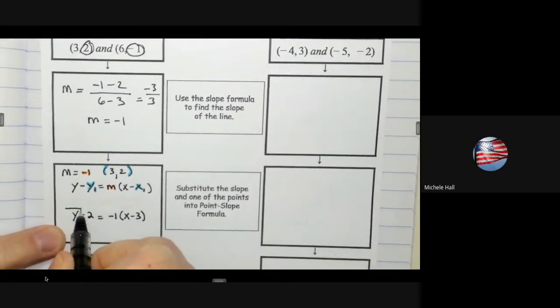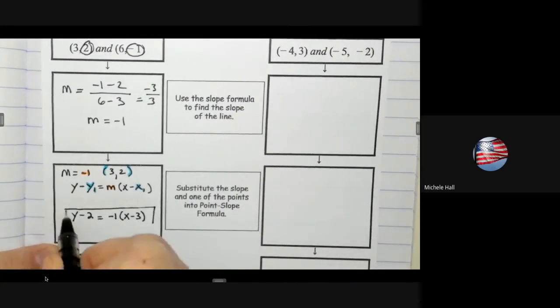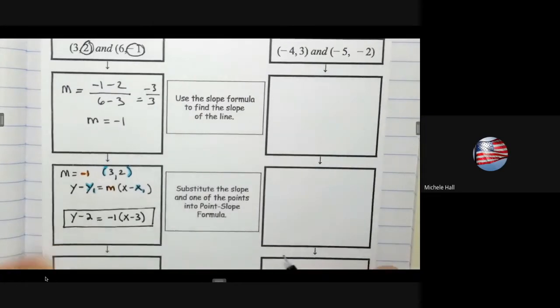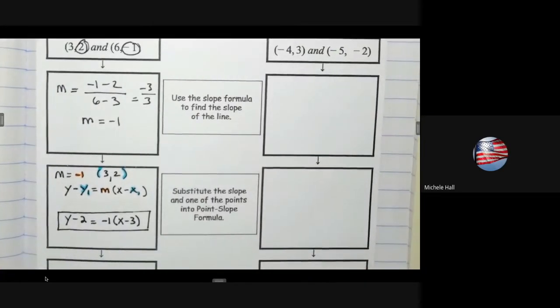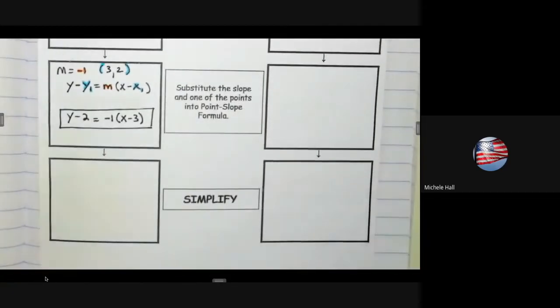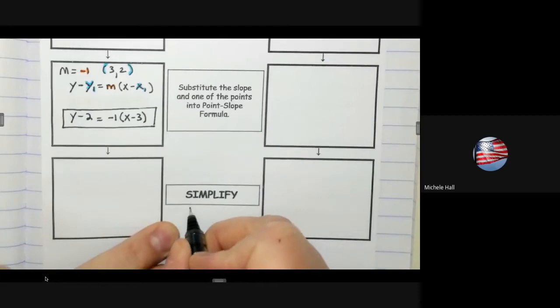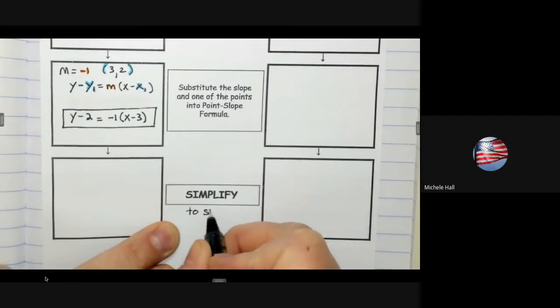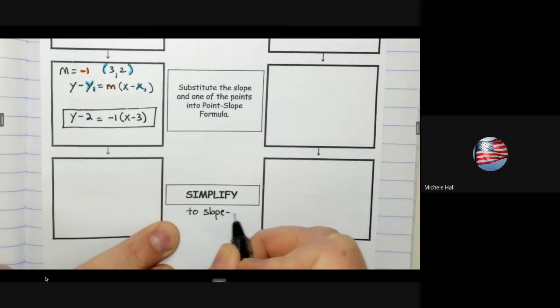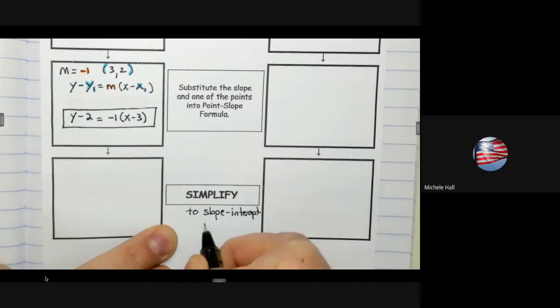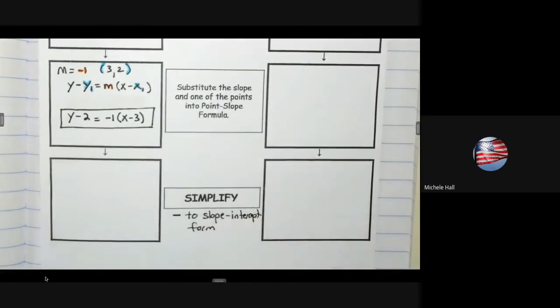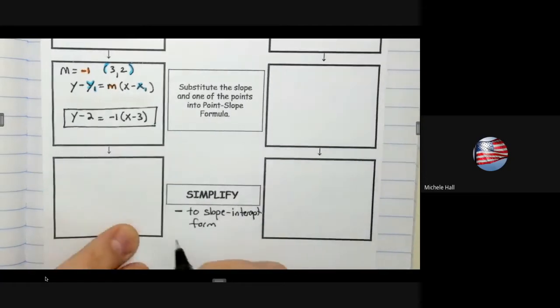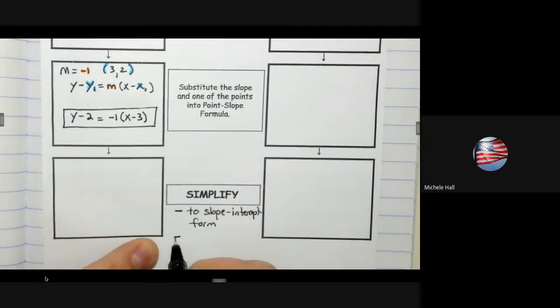Here's one acceptable way to write your answer. But we need to be careful, and sometimes in the directions it will ask you to simplify to slope-intercept form. It could also ask you to simplify to standard form.